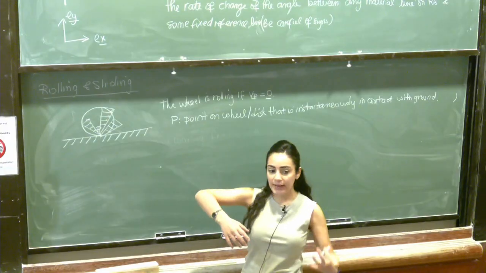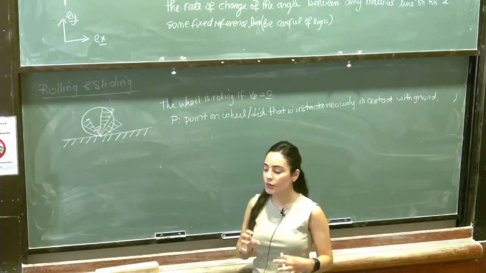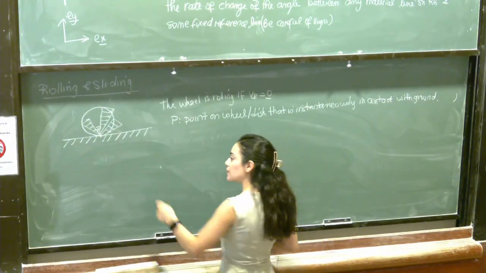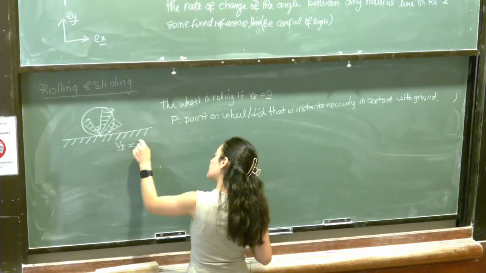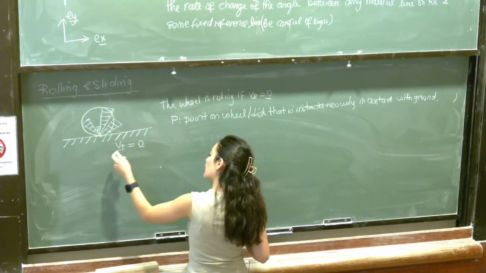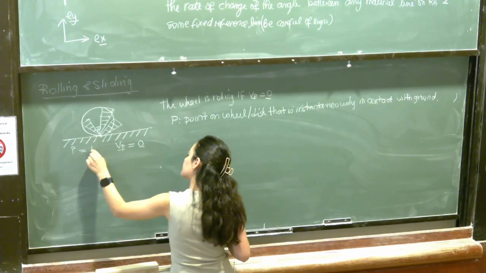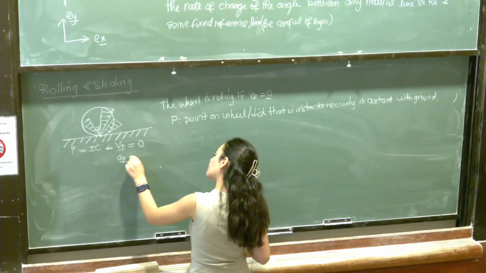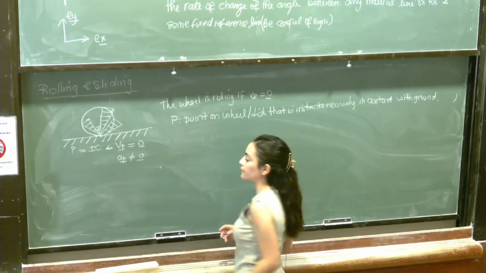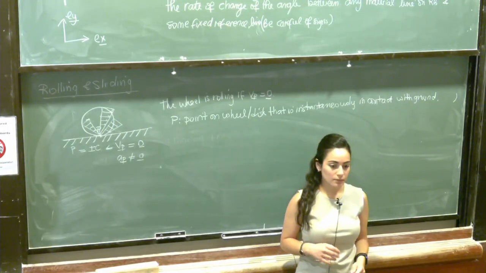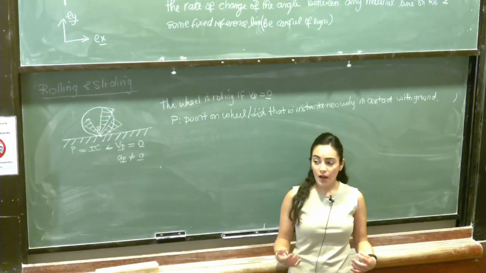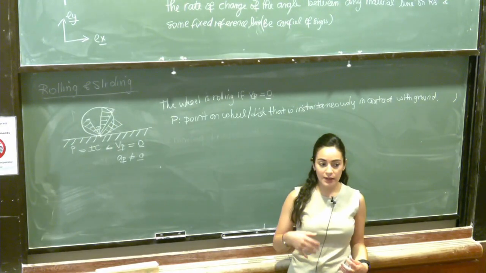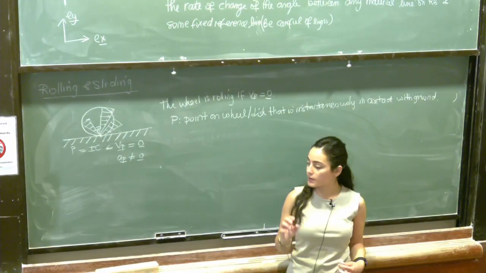Vp is equal to 0, so P is equal to the IC. However, the acceleration of point P is not going to be 0. Same as the IC: if the IC is not a fixed point, its acceleration is not going to be 0.